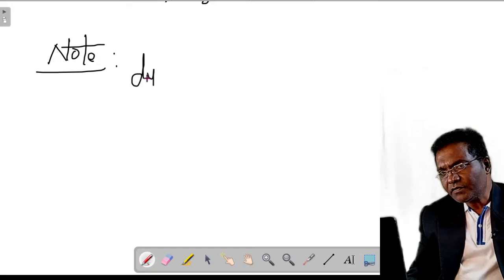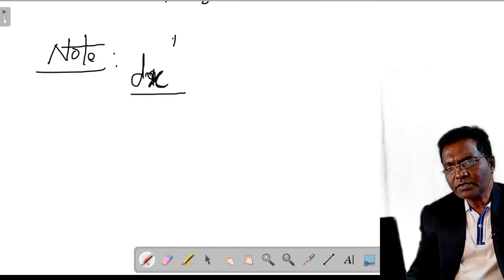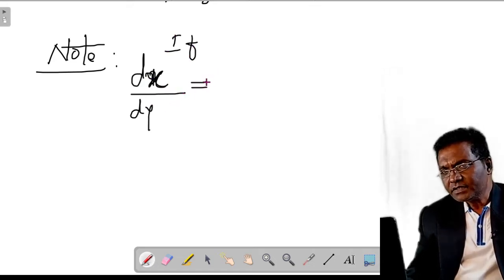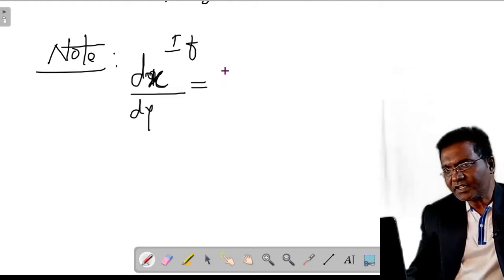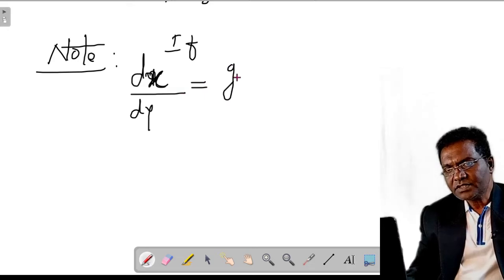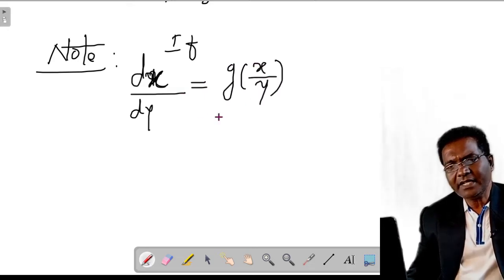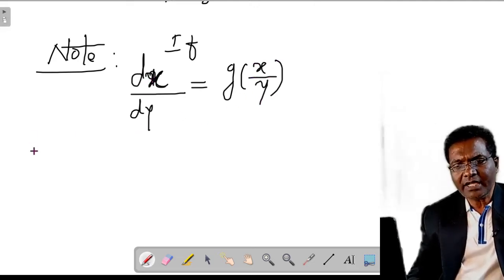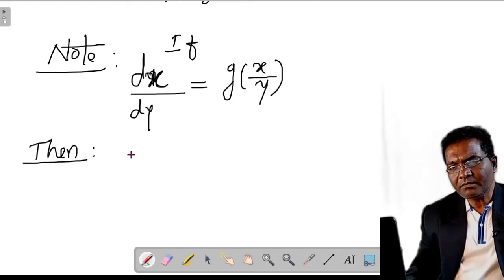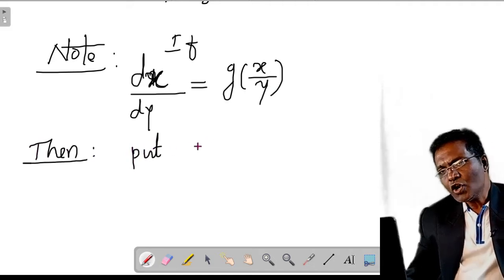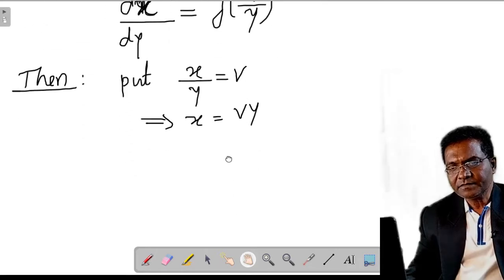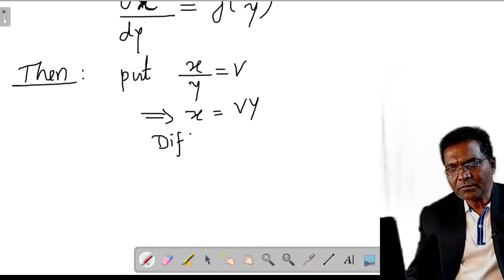If your differential equation is in this form, dx by dy is equal to a homogeneous function, say g of x by y, then to solve such differential equations, put x by y is equal to v, that is x is equal to vy, and differentiate this with respect to y.